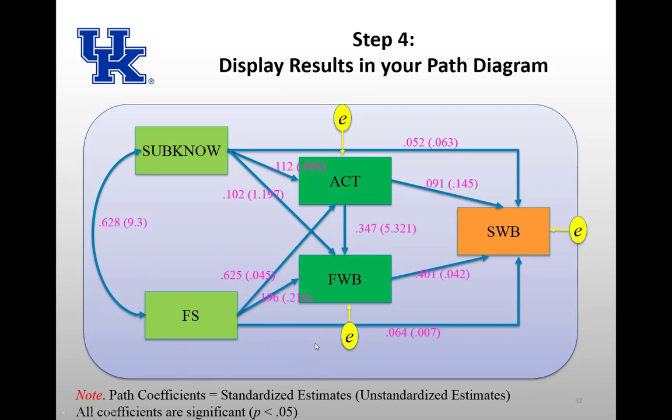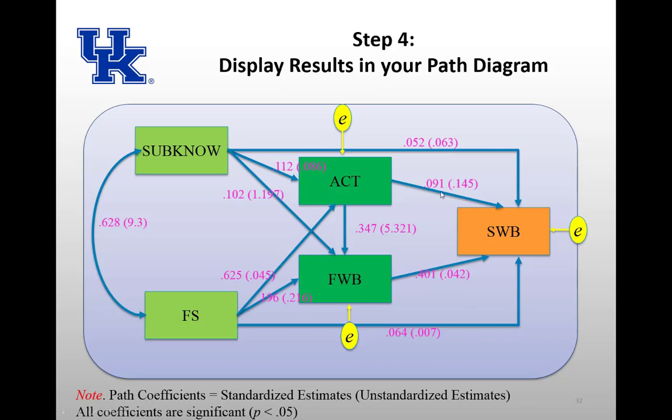For example, the strongest one is financial actions predicted by financial skills, where the standardized coefficient is 0.625. And the second strongest one is overall life satisfaction predicted by financial well-being. And the standardized estimate is 0.401.